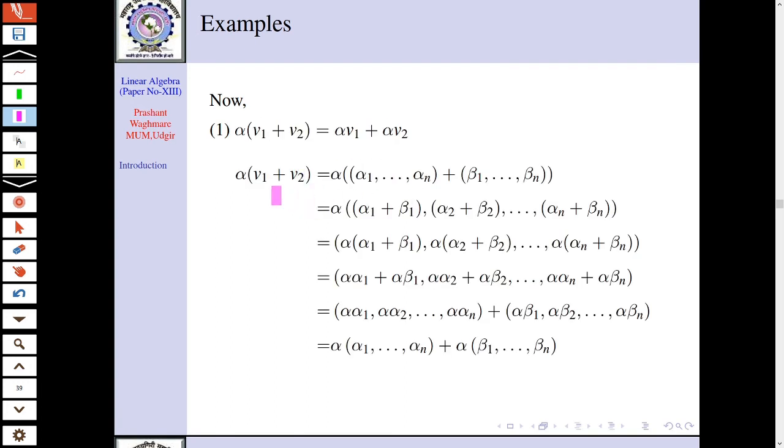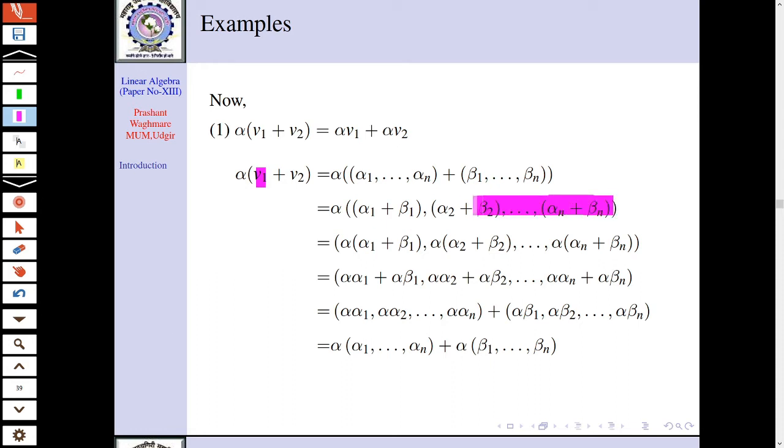Now let's see, alpha into (v1 plus v2), where v1 is (alpha 1, and so on, alpha n) and v2 is (beta 1, and so on, beta n). First of all I need to add these two vectors, because I have to first solve the bracket. What is the addition of two vectors here? (Alpha 1 plus beta 1, alpha 2 plus beta 2, and so on, alpha n plus beta n).